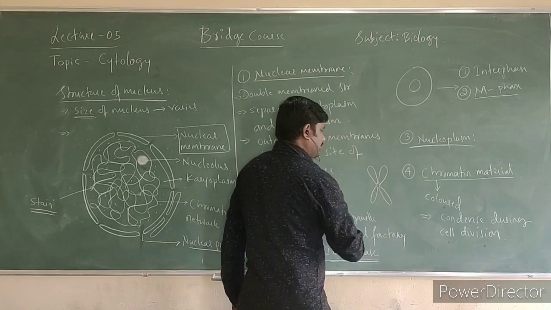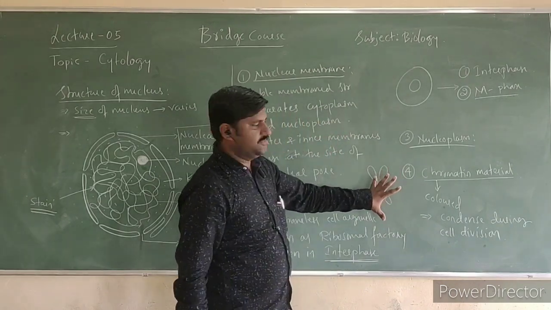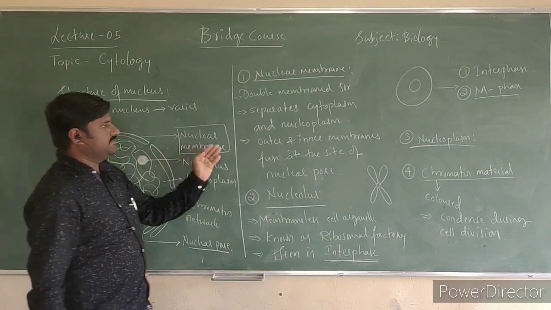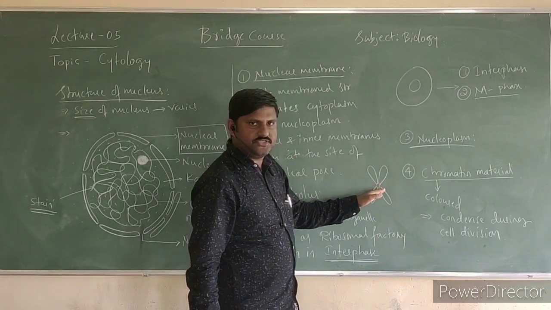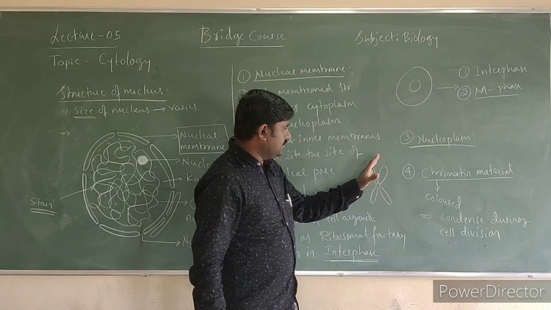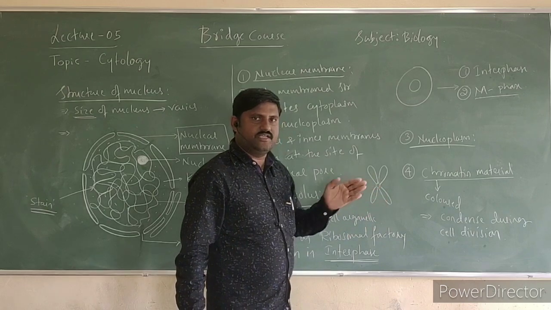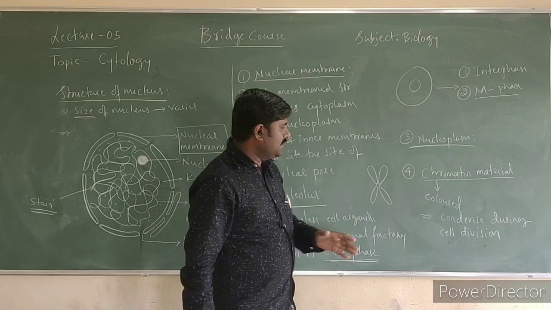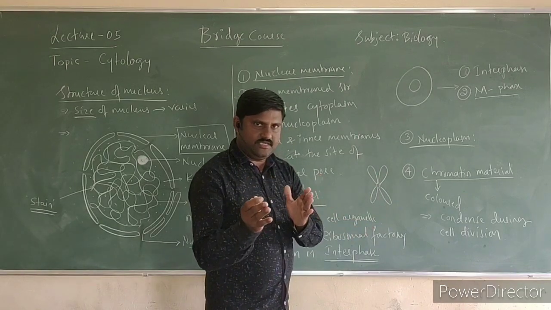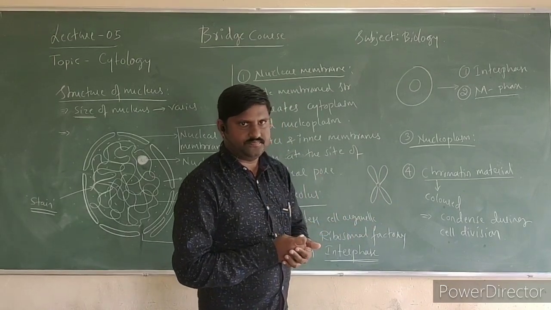The structure of a chromosome, this is one chromosome. So this chromatin network converts itself into very condensed structures called chromosomes. These chromosomes are what we call the hereditary vehicles. The explanation of these chromosomes, let us see in the next video. Thank you.